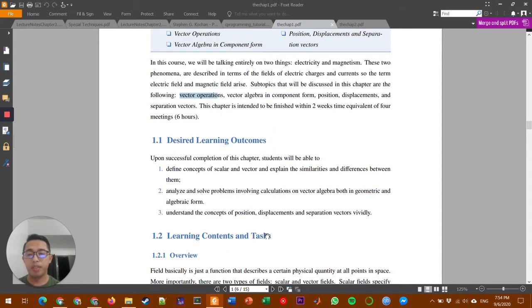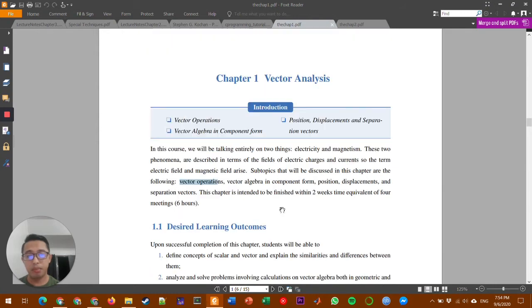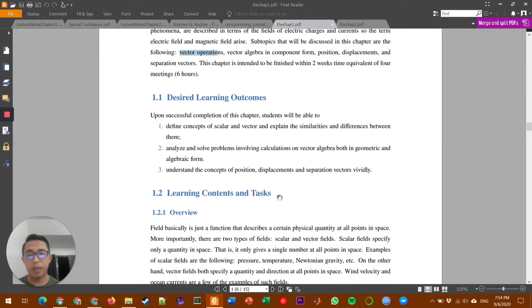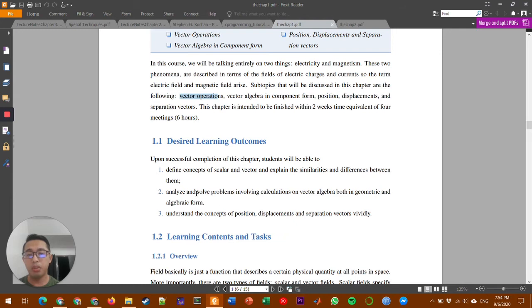So the learning outcomes for this particular topic of this course: you should be able to define scalar and vector and explain the similarities between them. Analyze and solve problems involving calculations on vector algebra, both in geometric and algebraic form.